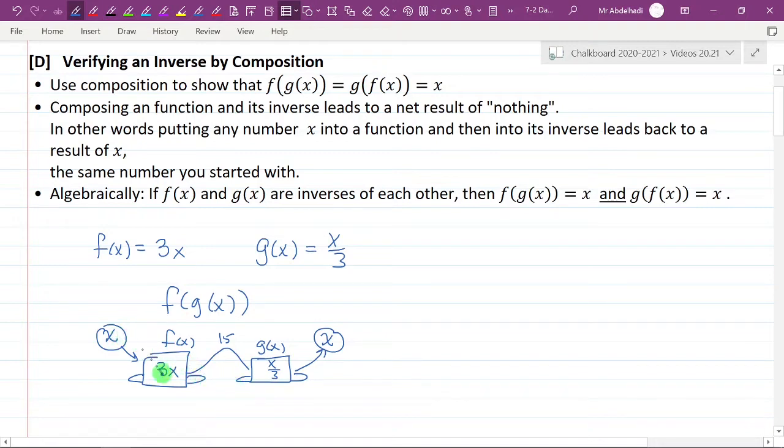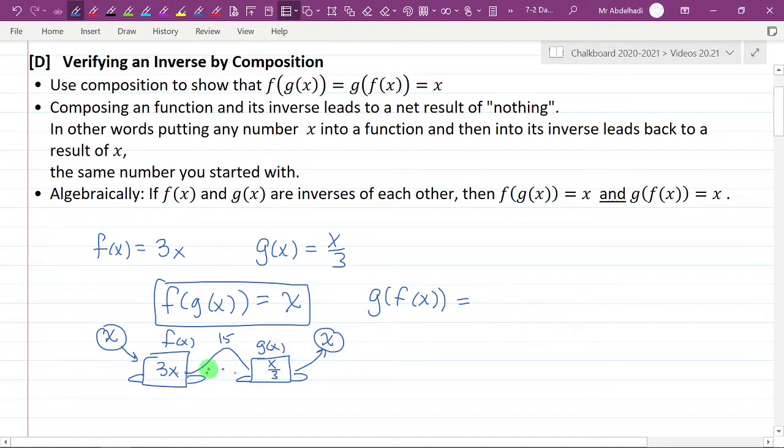So where one function triples, the other one cuts in a third, and you end up with what you started with. That means that f of g of x, no matter what the number is, will always be whatever you put in. Whatever x you put in, you get an x out. Okay? Now what if you switch these around? Well, you get g of f of x, and that will still do the same thing.